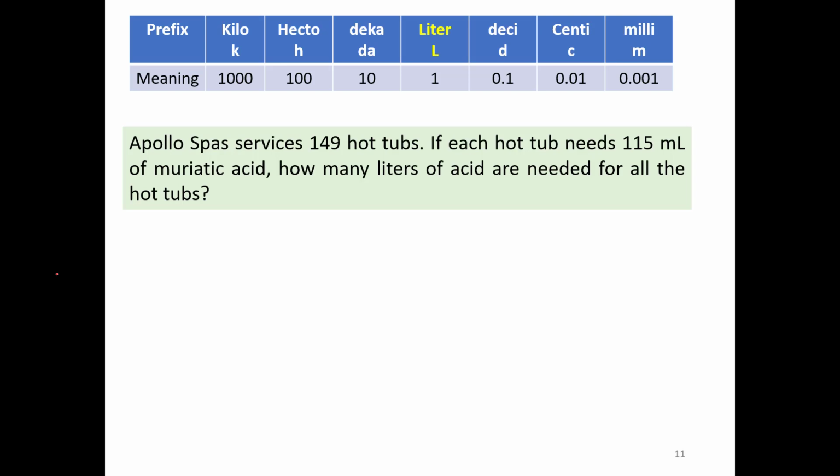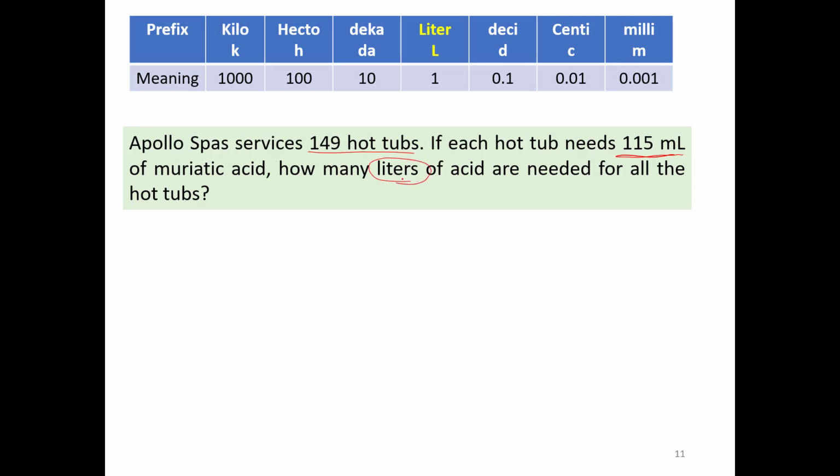Then what we need to do, because we want the answer in liters. We have the volume for one hot tub, and we want also the total volume. What is the total volume for all the hot tubs? But we want the answer in liters.